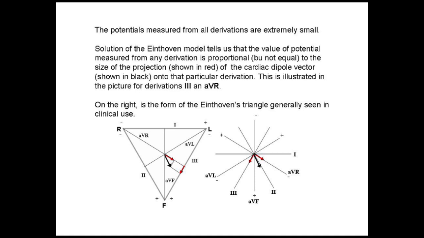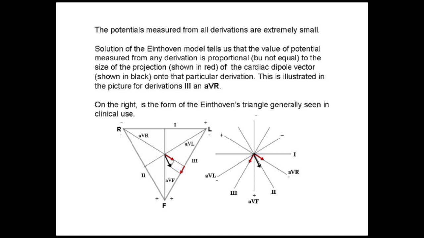What will be the sign of the measured potential? The rule is, if the projection vector directs towards the positive electrode, you'll end up recording a positive potential. If it directs towards the negative electrode, you'll end up measuring a negative potential.